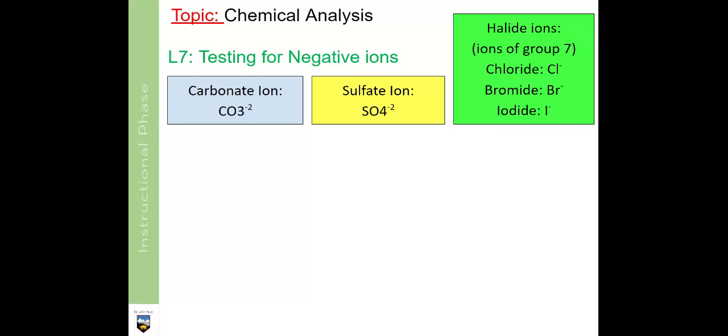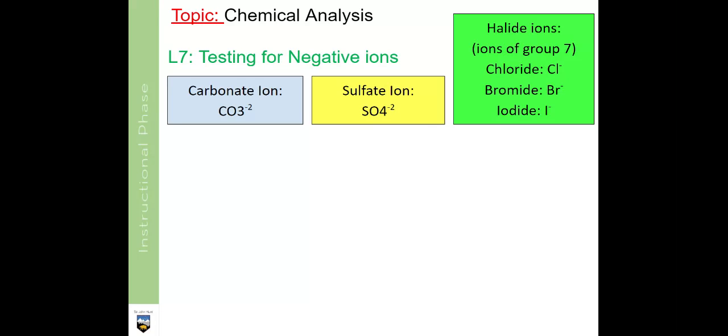Now, testing for a carbonate ion, any compound that contains a carbonate, if acid is added, it should release bubbles, it should release a gas, it should effervesce. And if you bubble that gas through lime water and the lime water turns cloudy, it shows it's carbon dioxide.